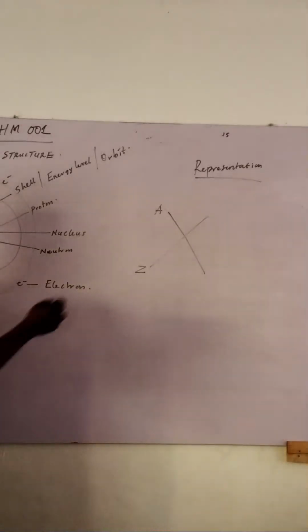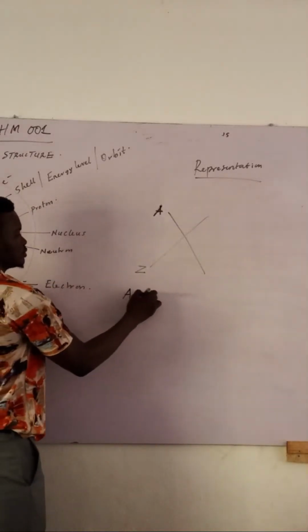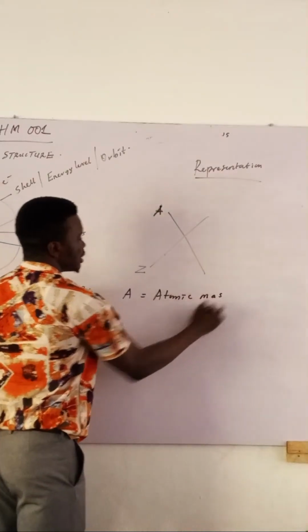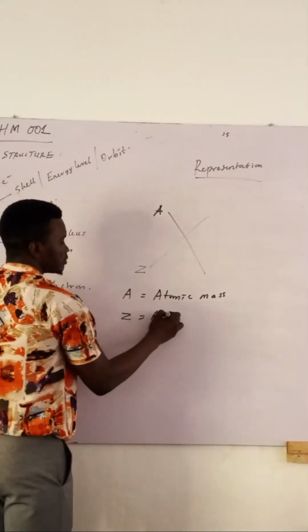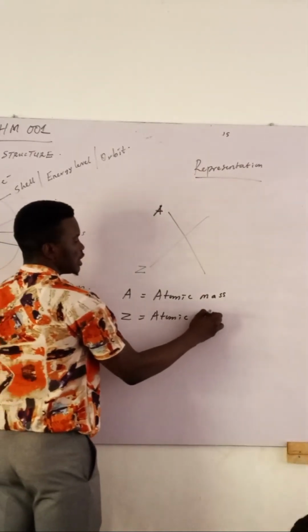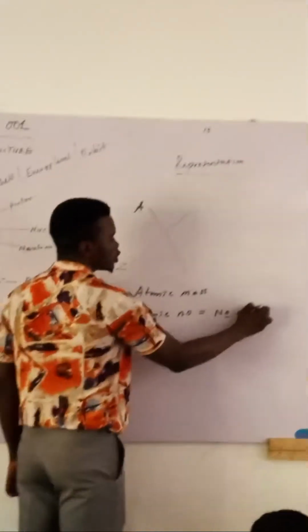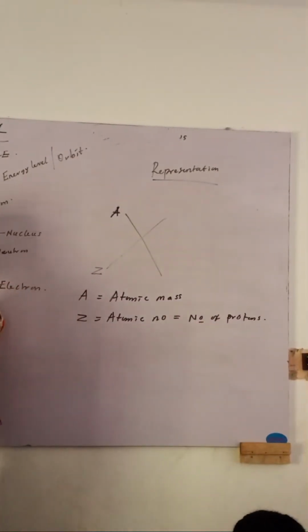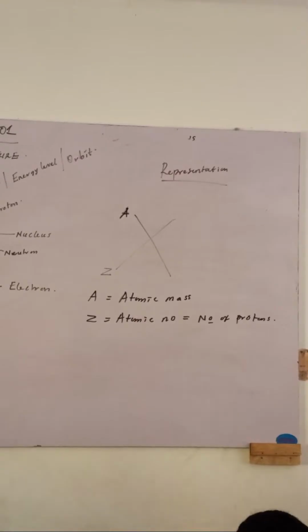So, A represents what we call the atomic mass. A is called atomic mass, and Z is called atomic number. And that atomic number is the same as the number of protons. So what is the difference between atomic mass and number of protons?